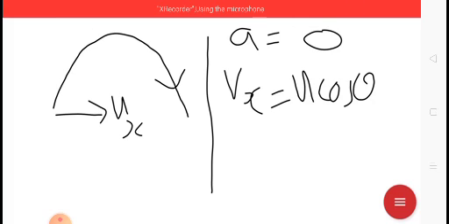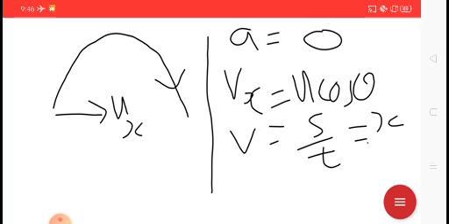If this is a constant velocity question, what formula are you going to use? You will use the constant velocity formula: v equal to s over t, or using the horizontal distance or range, x over t.